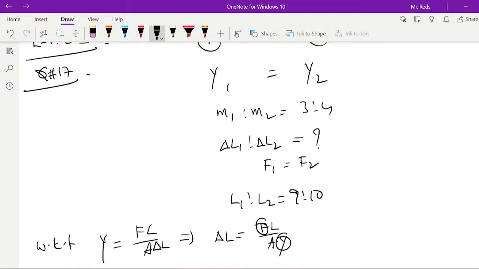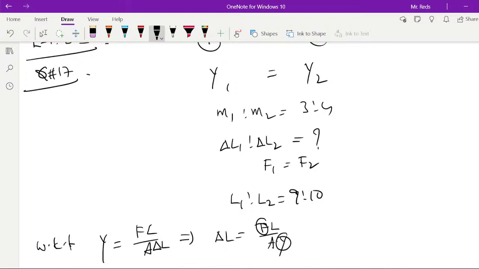Areas are not given. Wires of the same material have masses in this ratio, lengths in this ratio. If radii or diameters were given, then you could consider that. Under the same load, the load is the same, but masses are different.